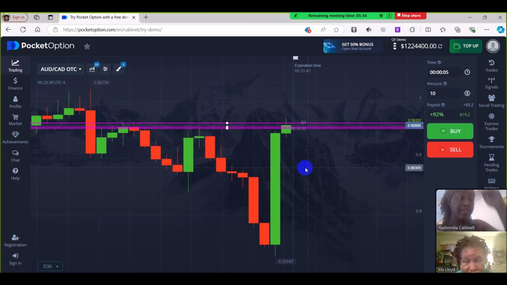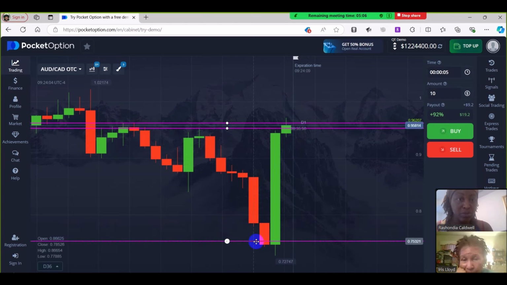So it's like the ceiling and the floor. If it comes down to the floor, it's going to jump back up. If it goes up to the ceiling, it's going to jump back down. So if it goes up to the top line, it's going to go back down, so you will put a sell in. If it comes down to the floor, which is this second line right there.